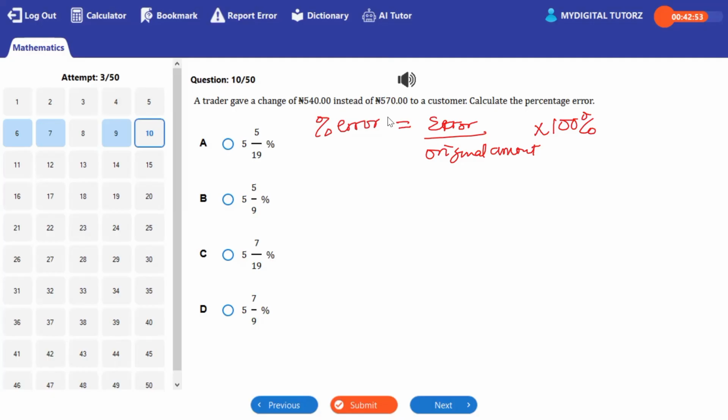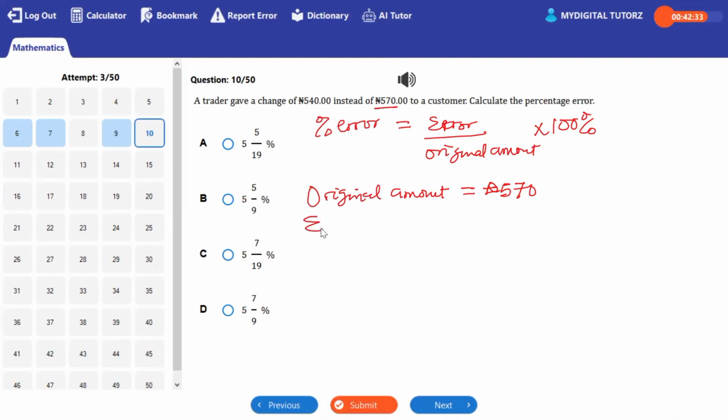What is the original amount? This is what it's supposed to give. So the original amount supposed to be 570 naira. Is that correct?